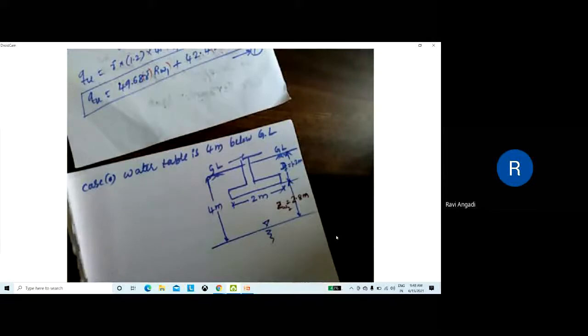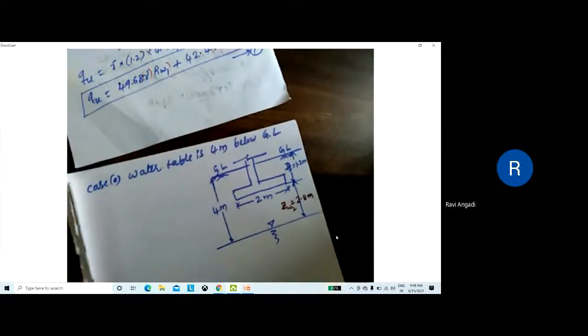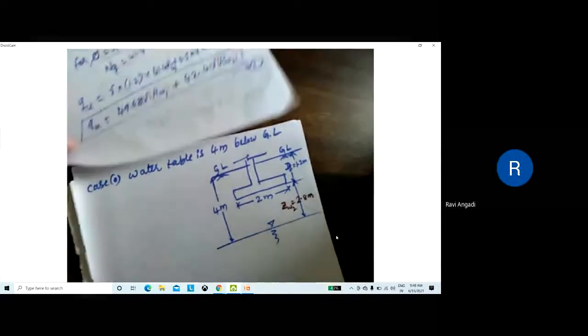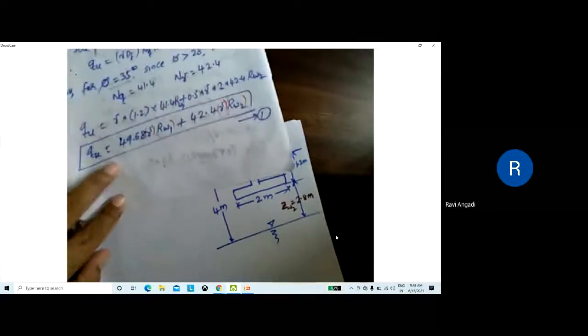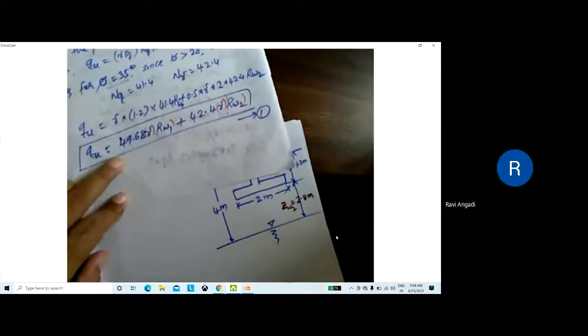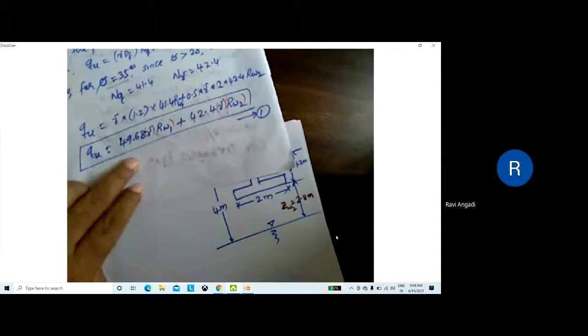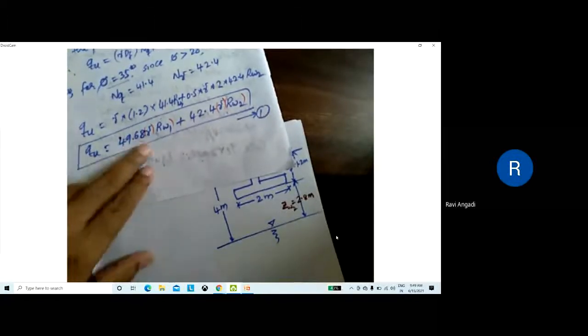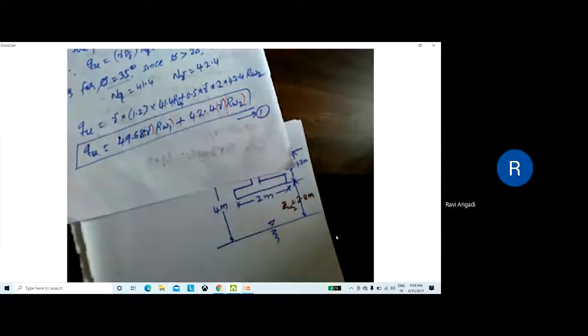ZW2. Okay. So now once you've drawn the figure considering all the data, it's very easy to calculate because you already have the ready-made equation. In this equation you have to go on substituting gamma, RW1 and RW2, but you need to calculate what RW1 and RW2 are for various conditions.